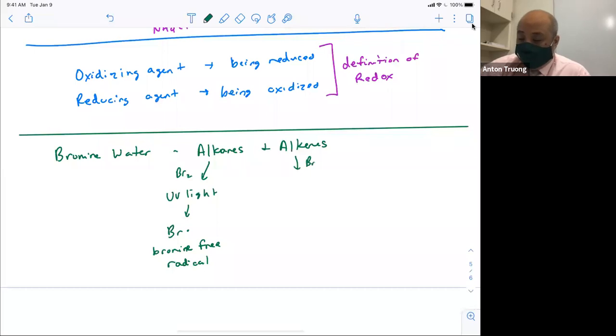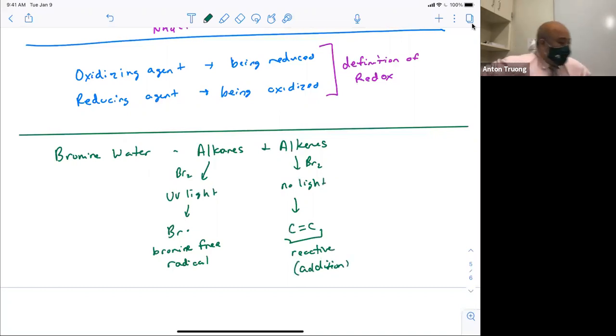An alkene requires no light because that C double bond is very reactive and it undergoes addition reaction. A double bond is very unstable for a structure, so it seeks to bond with other species. That's why when the Br2 is available, the double bond will bond with the Br, and then the other Br will attack it as well.